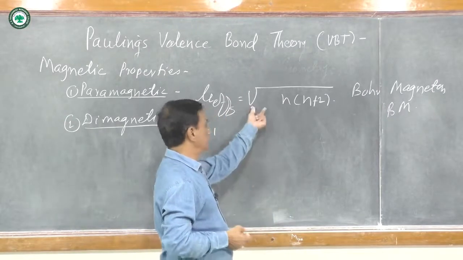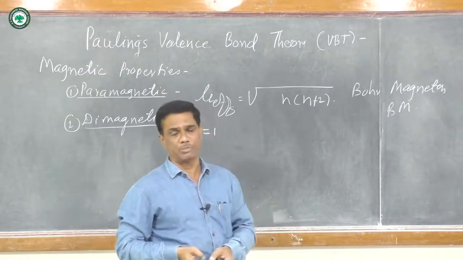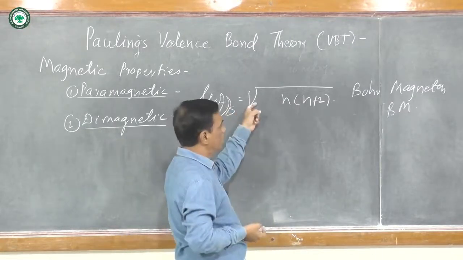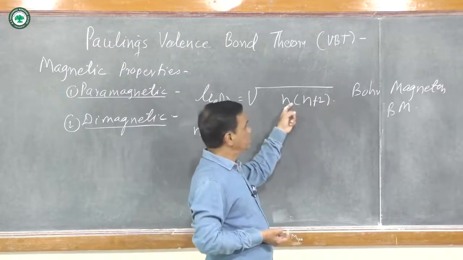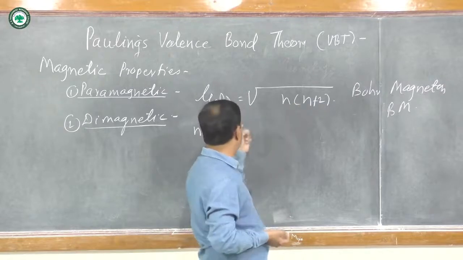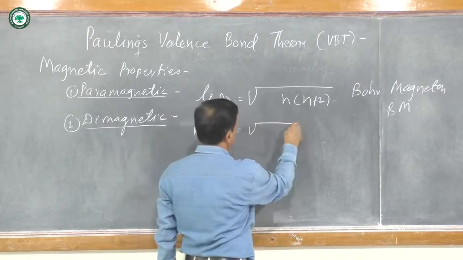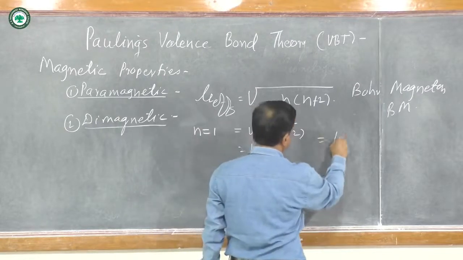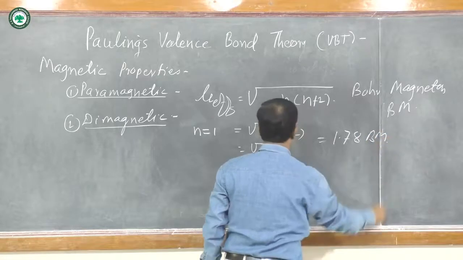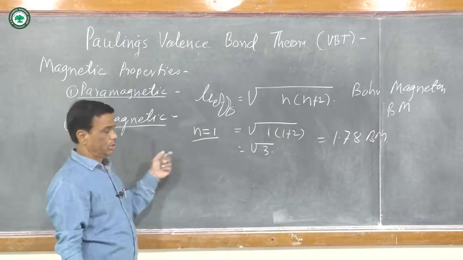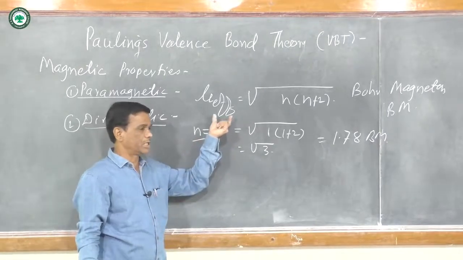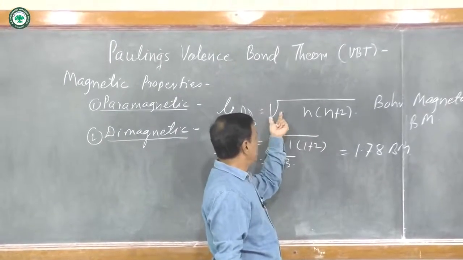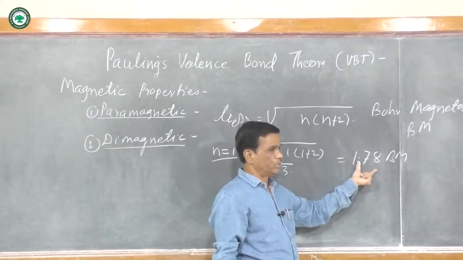At that time, by using this formula, the magnetic moment of that complex or complex ion is determined by mu effective is equal to under root of n into n plus 2, where n is the number of unpaired electrons, here n is equal to 1. Then it is equal to under root of 1 into 1 plus 2, that is under root of 3, and under root of 3 is equal to 1.73 Bm. So when n is equal to 1, that value is equal to 1.73.